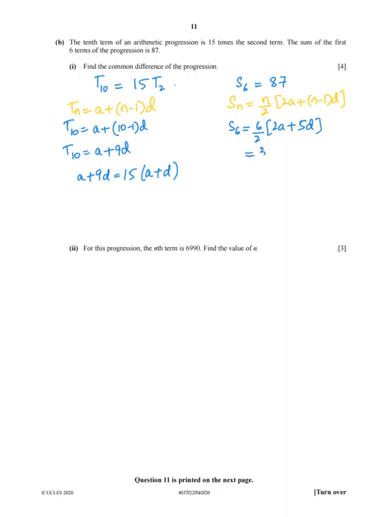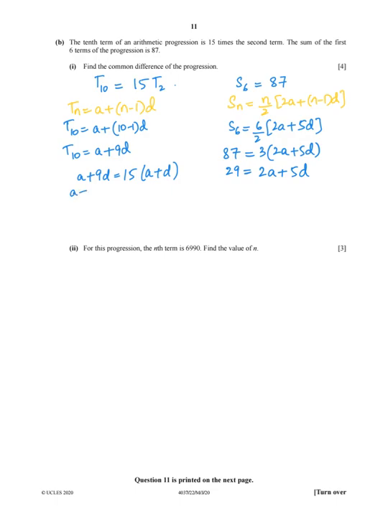So I can say that it's 3 times (2a plus 5d), and the value of S6 is 87. When you shift the 3, 87 divided by 3 is 29, equal to 2a plus 5d.